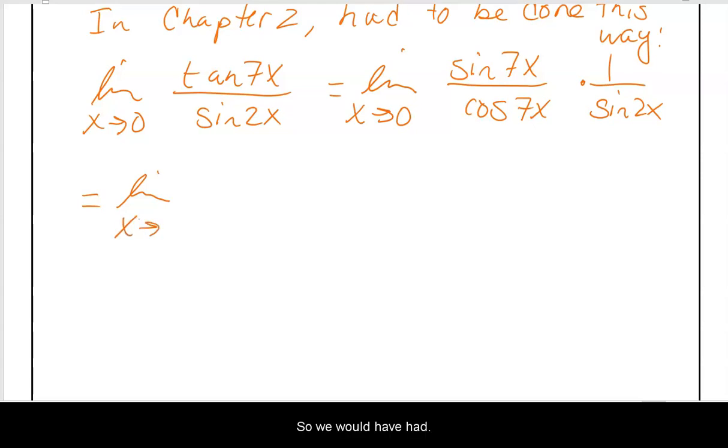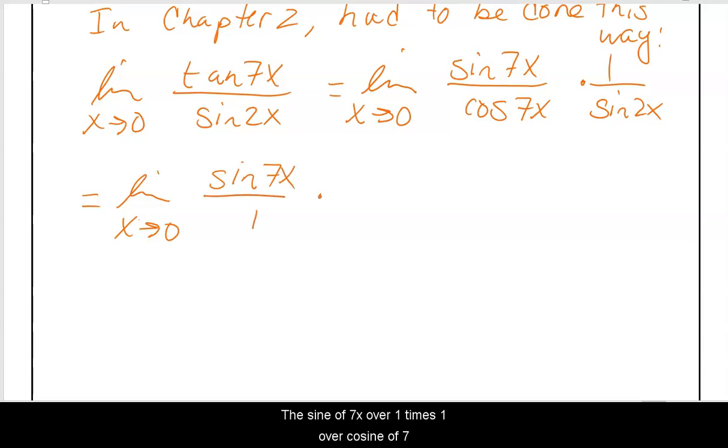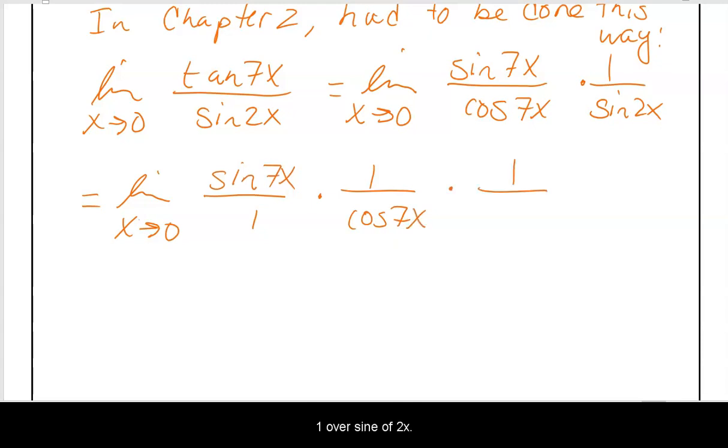So we would have had the sine of 7x over 1 times 1 over cosine of 7x times 1 over sine of 2x. And then I would have had to remember that I need a 7x on the bottom here, so I'd have 7x over 7x, and a 2x on top here.